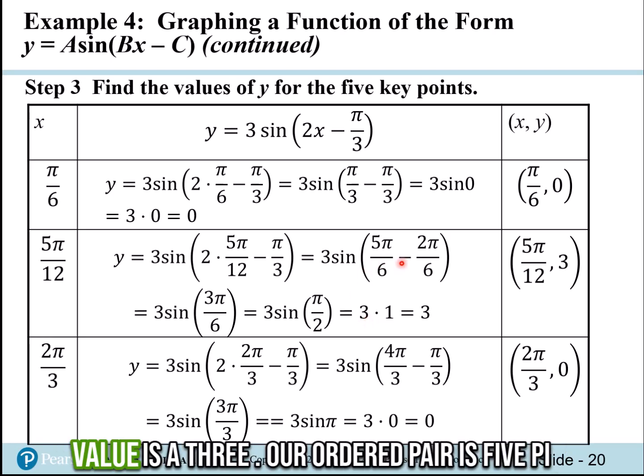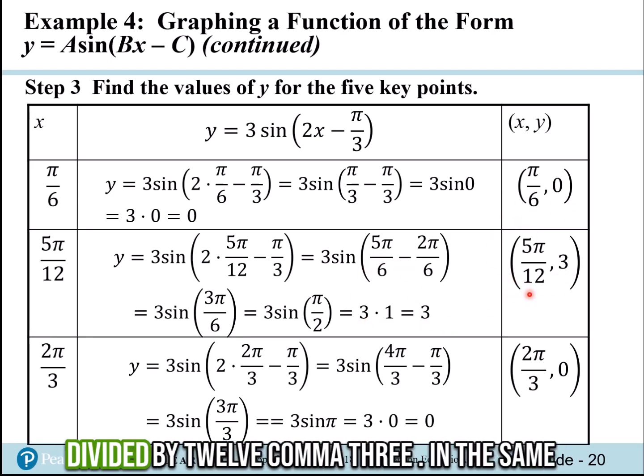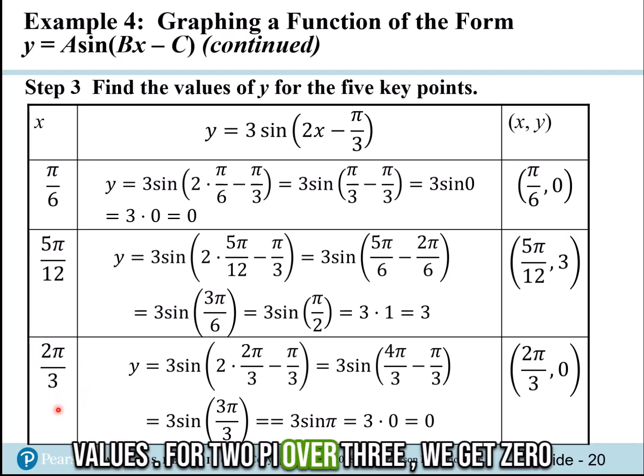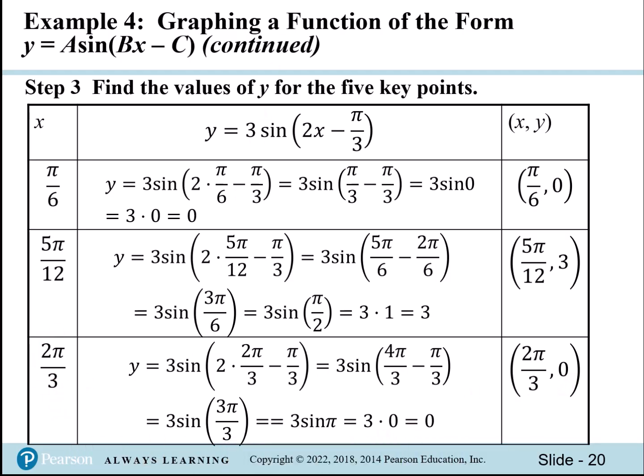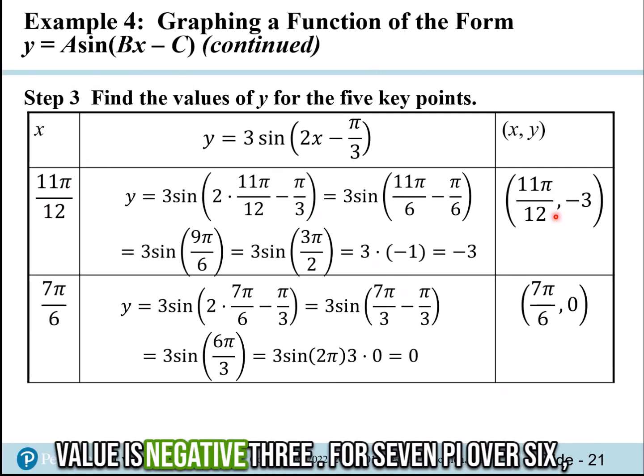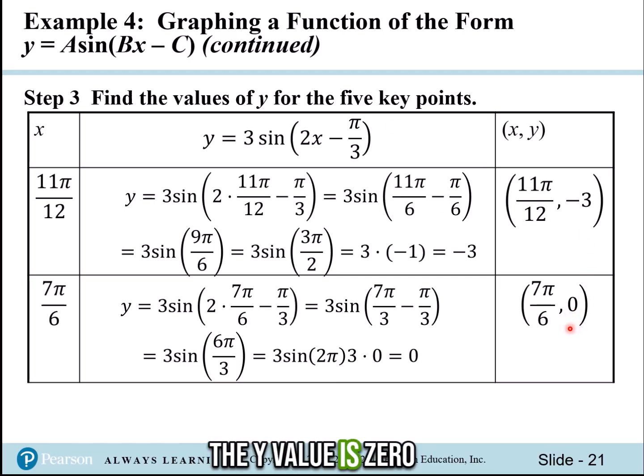So our y value is a 3. Our ordered pair is 5 pi divided by 12, comma 3. In the same way, we go through all the other 3 x values. For 2 pi over 3, we get 0 for our y value. And then for 11 pi over 12, the y value is negative 3. For 7 pi over 6, the y value is 0.